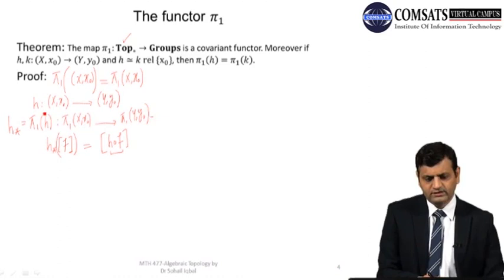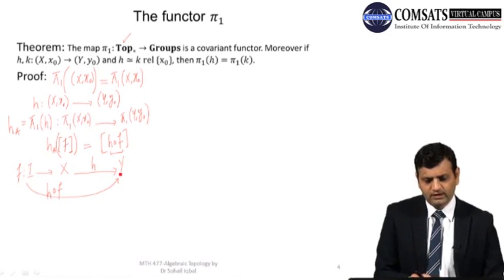Now h is a continuous function from X to Y, and h of x0 is y0, and f is a loop based at x0 inside the space X. So f is a continuous function from I to X, and h is a continuous function from X to Y. So we can take the composition: first we apply f and then we apply h. This is going to be a function from I to Y, so this is a path in Y.